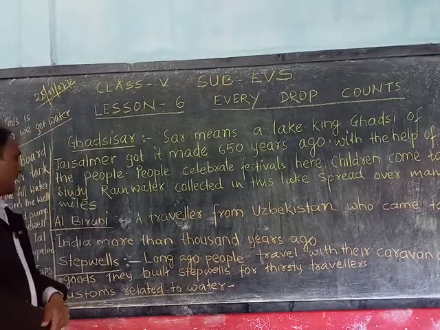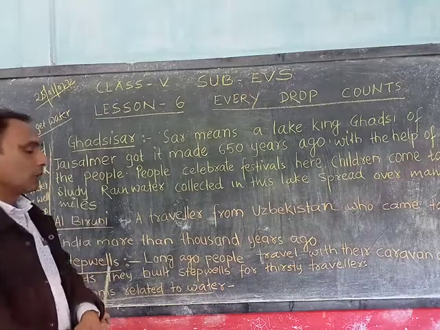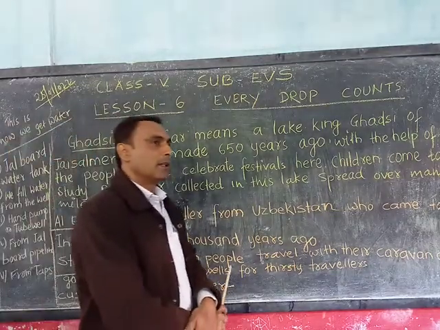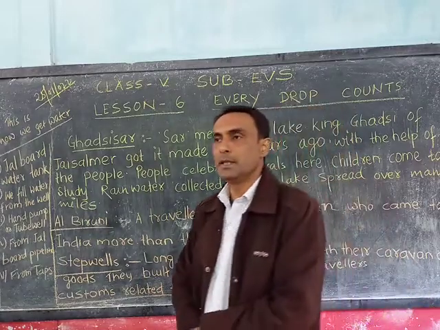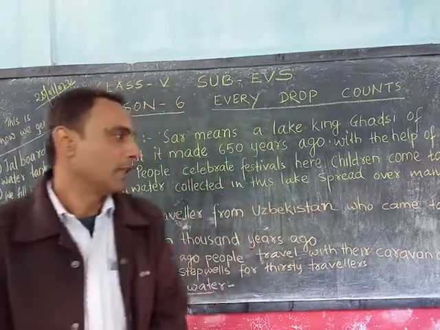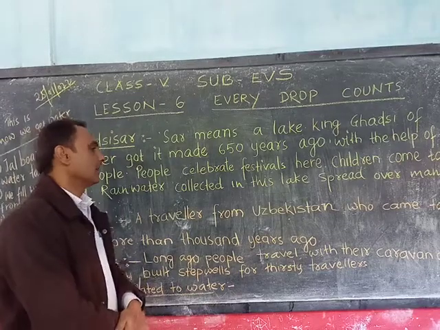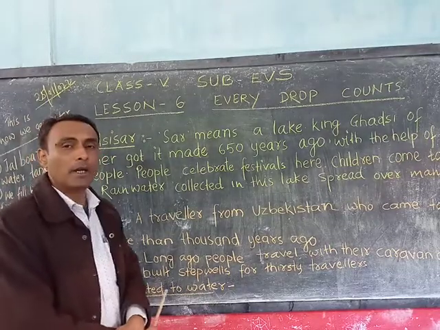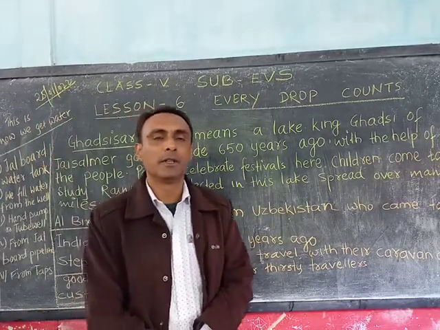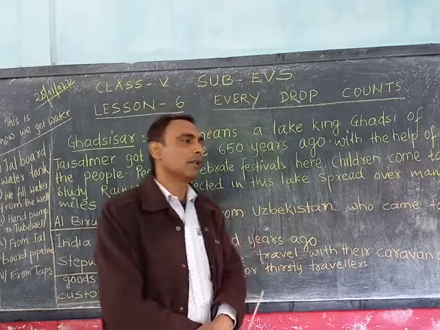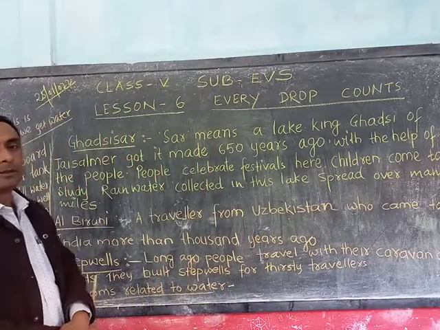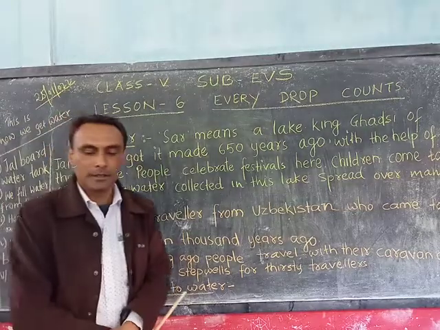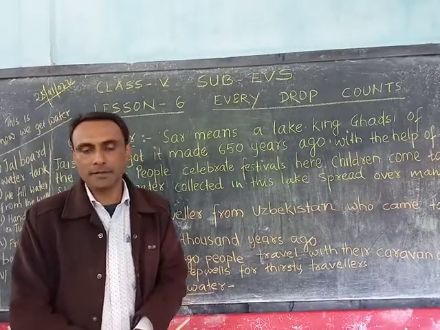Then Al-Biruni thought that we have many things to learn from the Indian system. Like this, he praised the Indian way of getting and preserving the water. Okay? Are you understanding? Please be attentive.